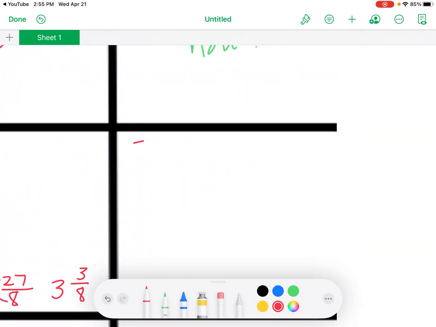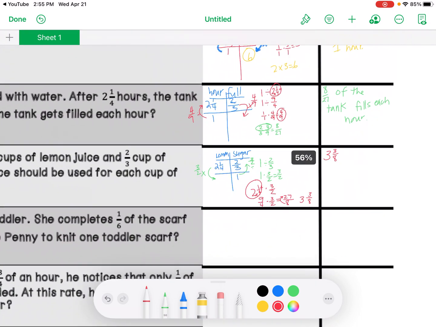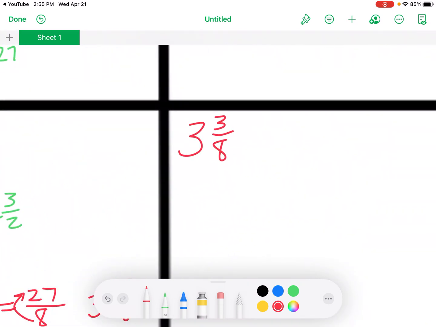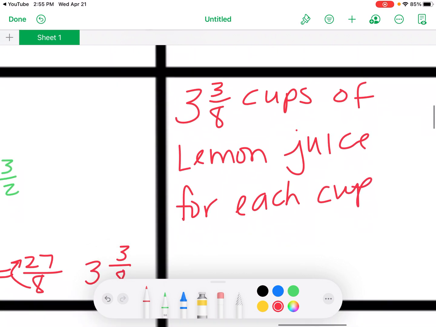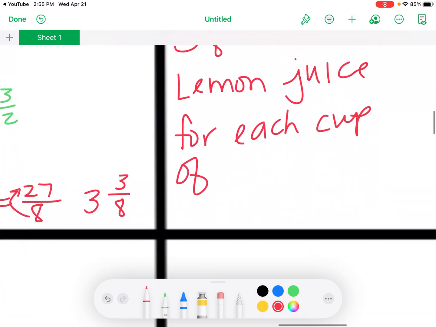So I need 3 3/8. Was it cups? Yep. Cups of lemon juice for each cup of sugar.